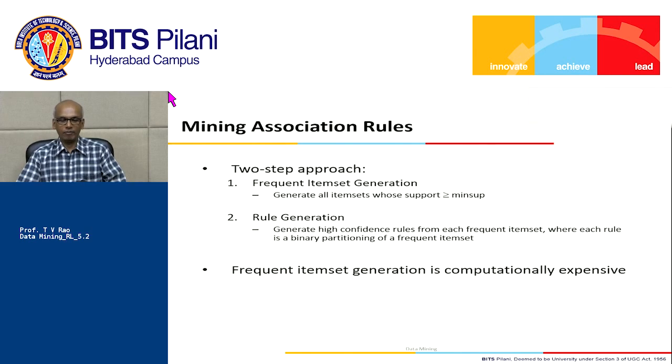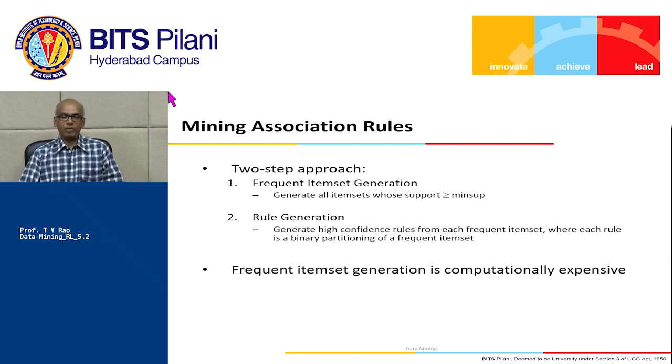So first we need to identify the item sets which are frequent, and among those item sets we want to generate the rules by partitioning them, which tell us that this particular item will lead to another item, as per the frequency of that item set, because there we have enough confidence to say that. Those rules may have to be validated again, but to generate them, we need to identify the frequent item sets.